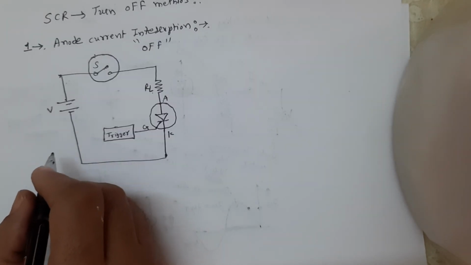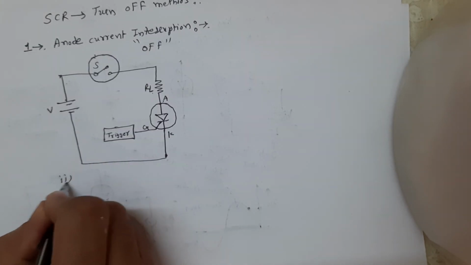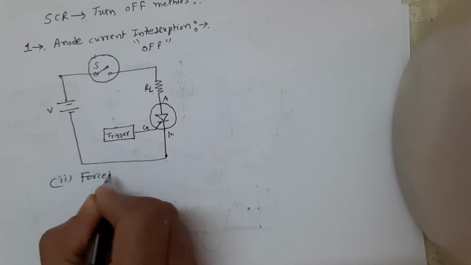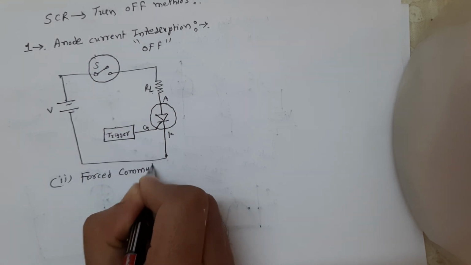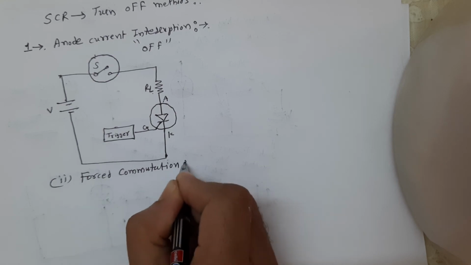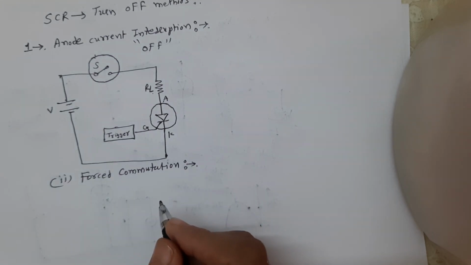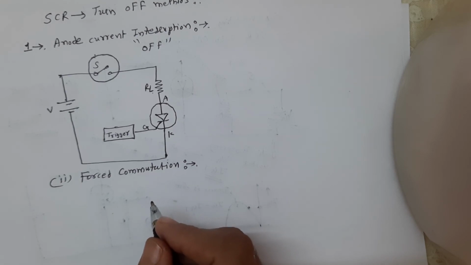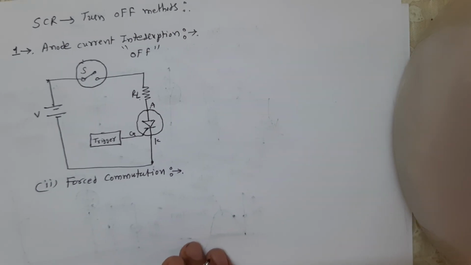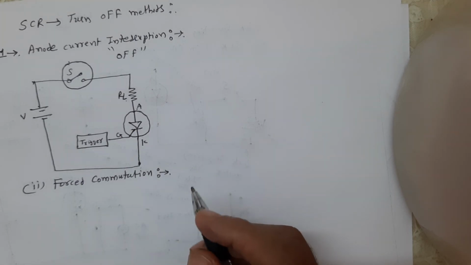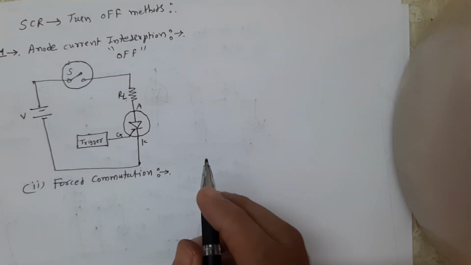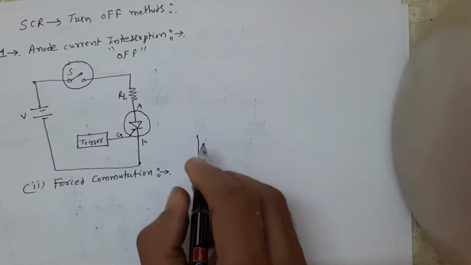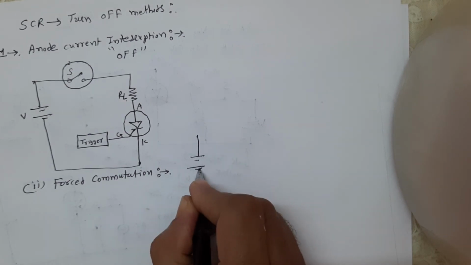The second method is forced commutation. In this method, a capacitor in parallel with the SCR is discharged to turn off the SCR, which is known as forced commutation. For this, we have a figure where we are using two SCRs. This is your supply, positive, negative.